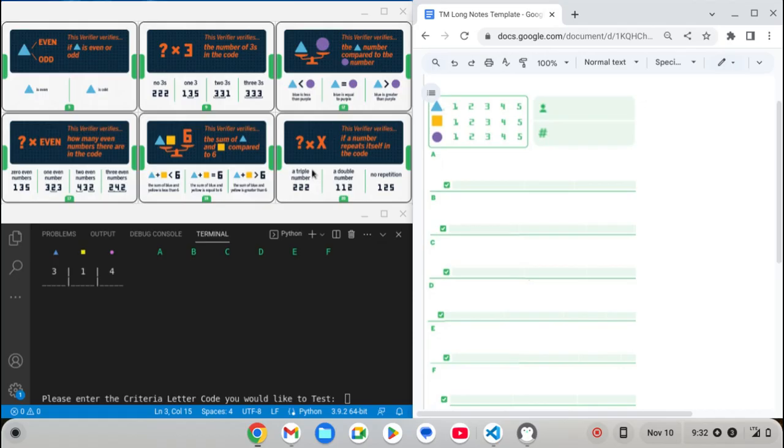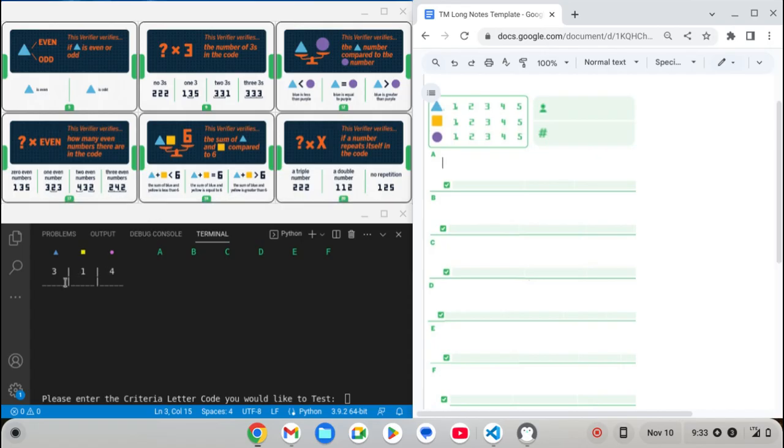Or it can inform us that there is a triple number, a 3-digit solution that has the same digit repeated 3 times, as in the example 222. And remember, the objective of today's puzzle is to find that unique 3-digit code that abides by all the 6 criteria cards we just described.